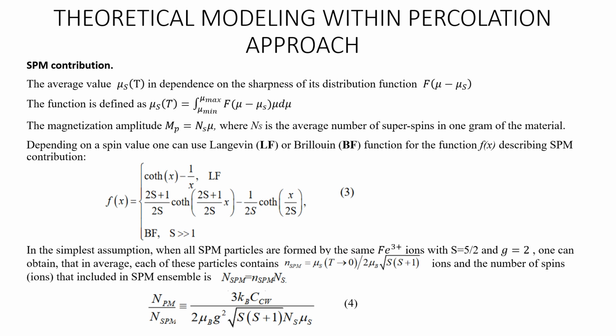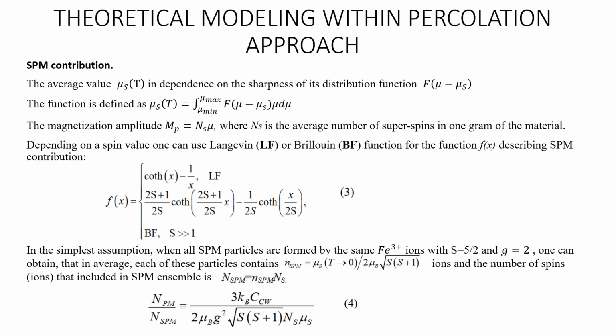So here we have our theoretical modeling, following Binder and Young's work, which is listed as a reference. The integration in the last equation reflects the number of elementary spins which contribute to the magnetic moment. Mu is given for the SPM nano-inclusions, thus its superspin should be different for different inclusions.